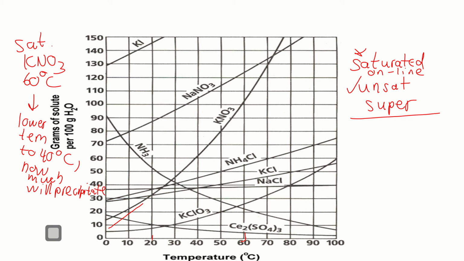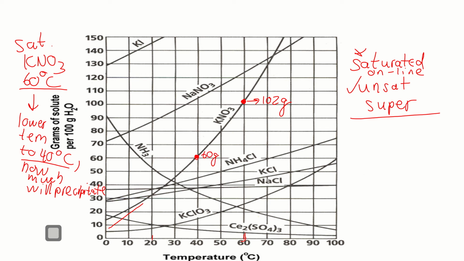So what's happening here is I have a solution that I've heated up and I've saturated it. So let's say, again, don't go crazy, let's say it's 102 grams. We kind of can estimate the amount if it's just above the line. So I've gotten 102 grams of KNO3 dissolved at 60 degrees. But then I lower the temperature to 40. At 40 degrees, I'm going to basically say I can only get 60 grams in solution.